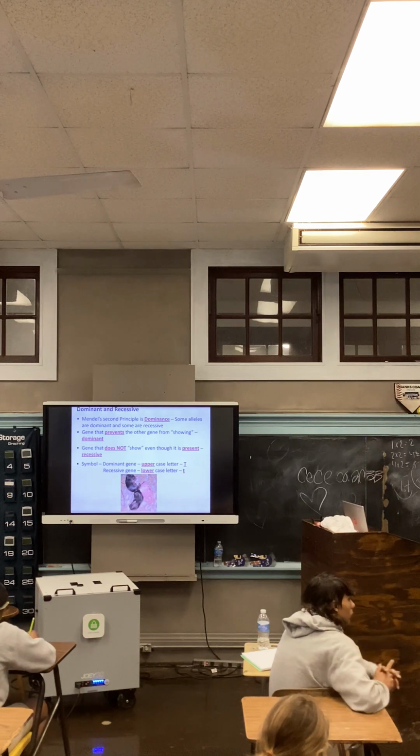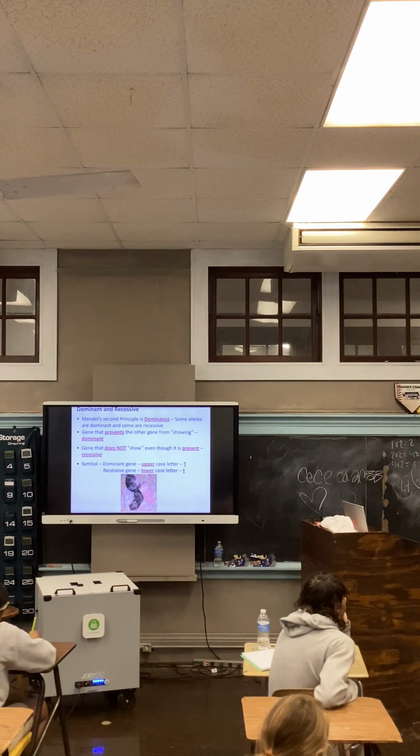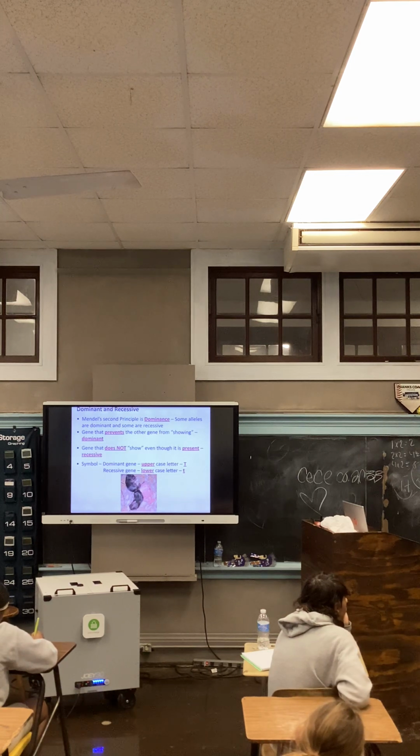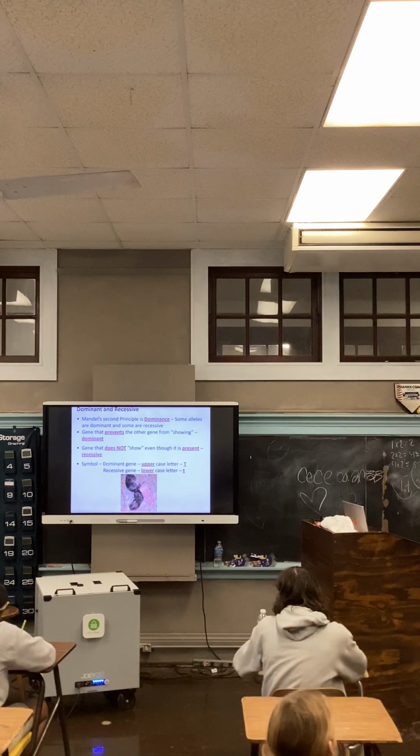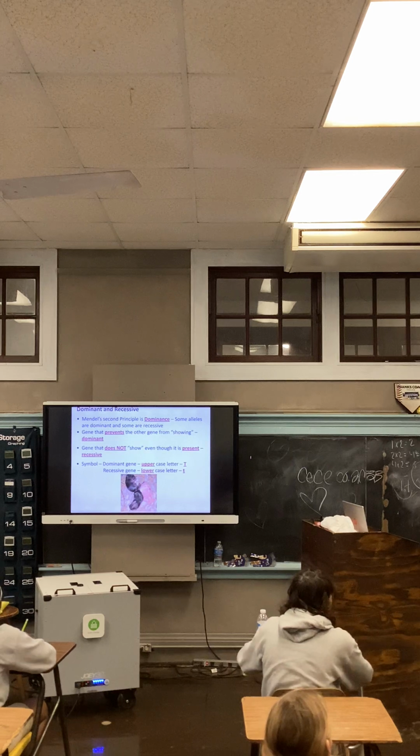Dominant will always be represented with a capital letter. So capital letters. So big T is dominant. So what do you think recessive is going to be? We're talking about T right here. So what's recessive? A little t.